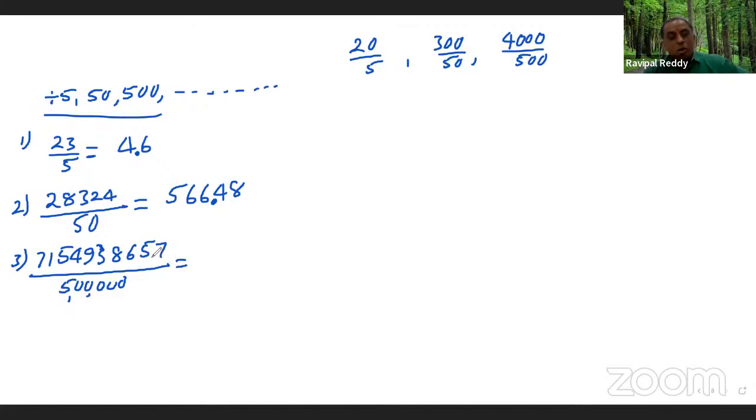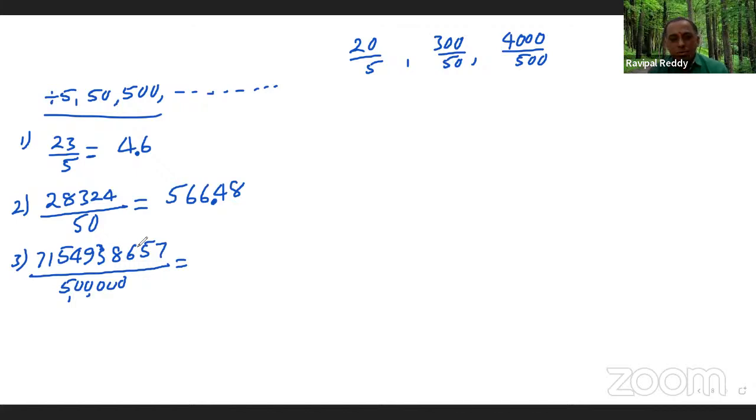First, how to divide a very big number? A big number divided by 5 lakh, and 5 lakh is also a big number. How to find the answer for this question? With the general method, no doubt, it will take more than 2 minutes. But with our method, in less than 10 to 12 seconds, we'll get the answer.